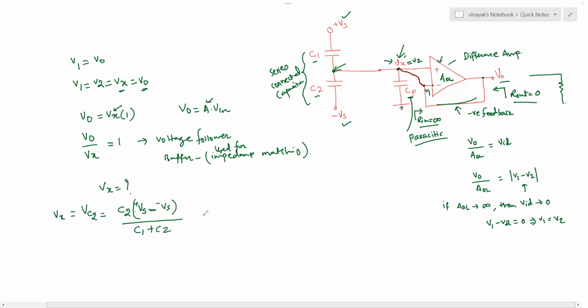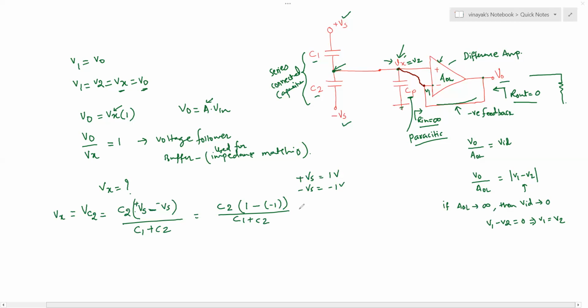Now let's say for given values of the capacitors, plus Vs is equal to 1 volt, so 1 minus of minus 1. Plus Vs is equal to 1 volt, minus Vs is equal to minus 1 volt. So we can put in the values, and then here is your C1 plus C2.